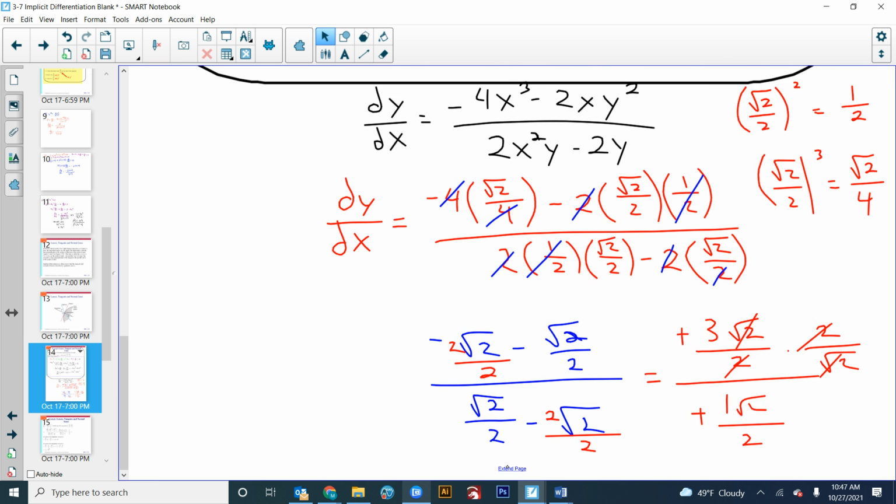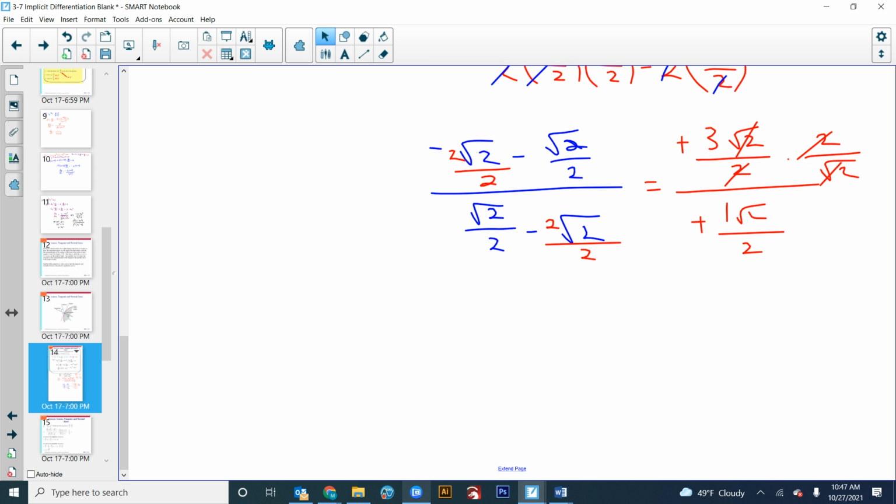What does that mean? It's the slope of the tangent line at the point radical 2 over 2, comma radical 2 over 2. It's 3. That was fun. We needed that.